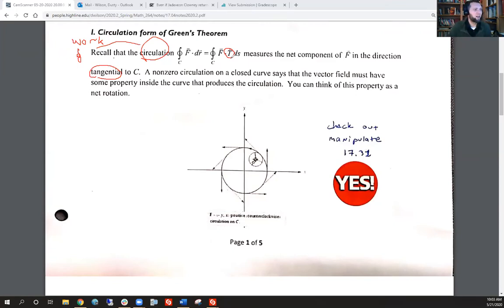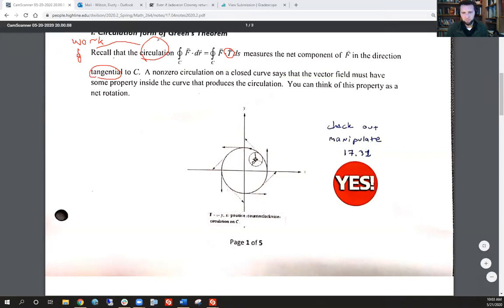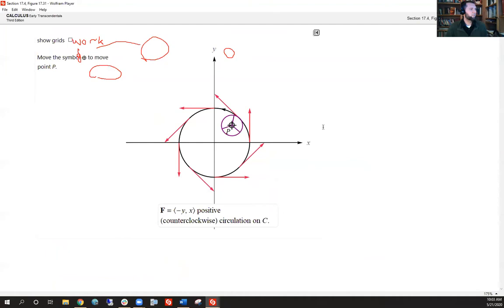So let's check out our first manipulate. Here you have the unit circle, and we can follow along the unit circle, and we're traveling counterclockwise.